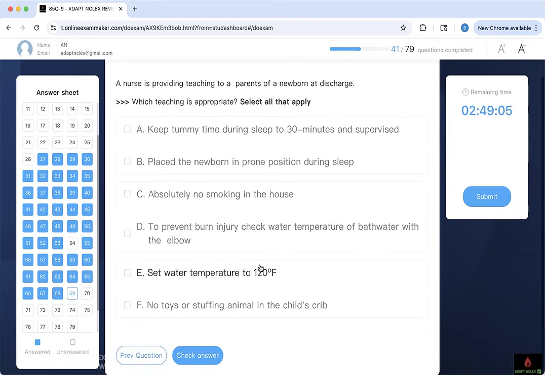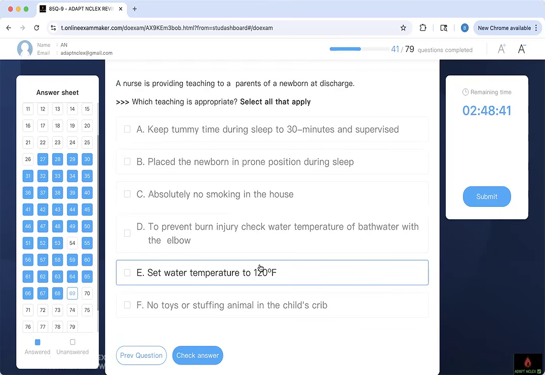So don't overselect. A nurse is providing teaching to a parent of a newborn at discharge. Which teaching is appropriate? Keep tummy time during sleep to 30 minutes and supervise. Place the newborn in the prone position during sleep.